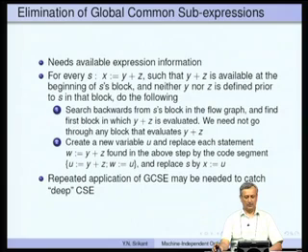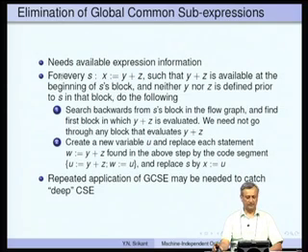If the operands are modified, obviously the value of the expression changes, so the expression is not said to be available. We assume that the data flow analysis of available expressions has been carried out and the information is already available to us at the in and out points of the various basic blocks.